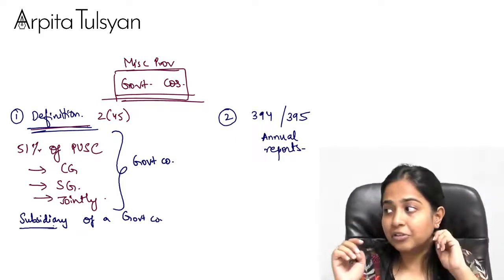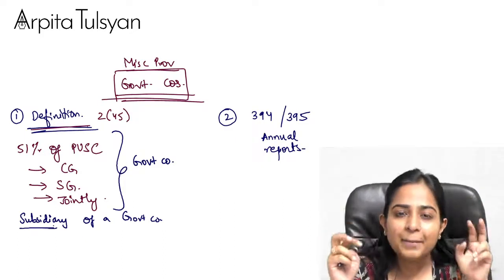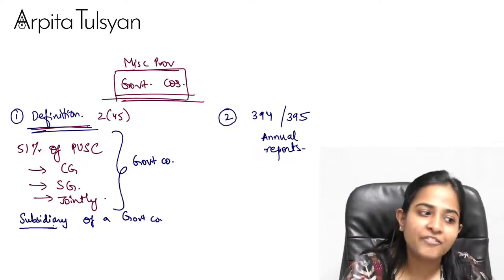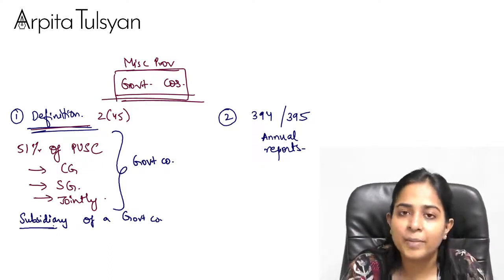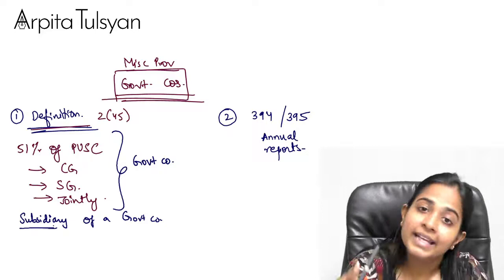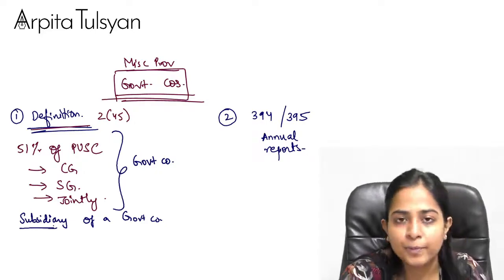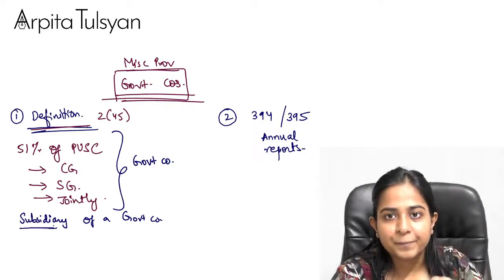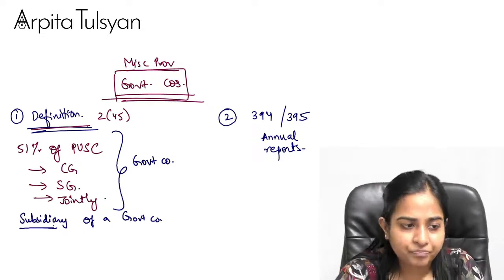I use the word deemed. Even though in that company government does not have this much of holding, such a company will be deemed to be a government company. Very clear with this? Yes.